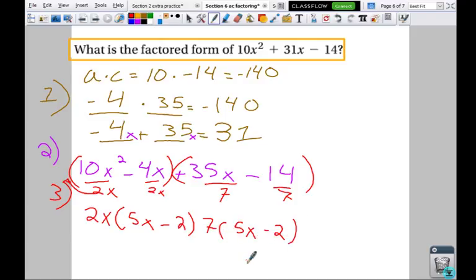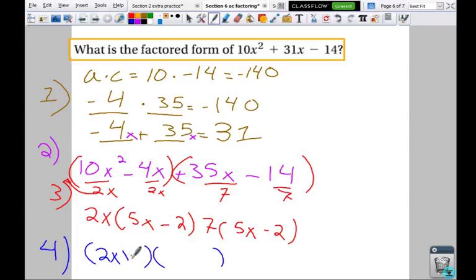Alright, so we factored stuff out. Just to save a little bit of time, I did it. Alright, step 4, our last step now. This is where we get our final answer. We're going to get 2 parentheses. So Quadri, help me out. What am I going to put in the first parenthesis? Yep, 2x. And what else? 7.